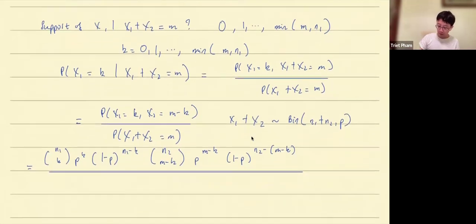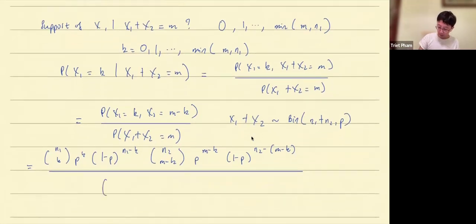And so here we have n1 plus n2 choose m, p to the m, 1 minus p to the n1 plus n2 minus m.